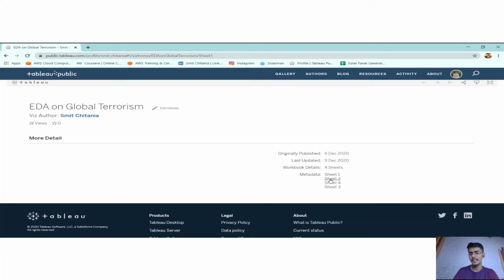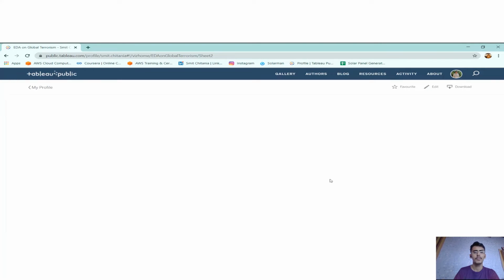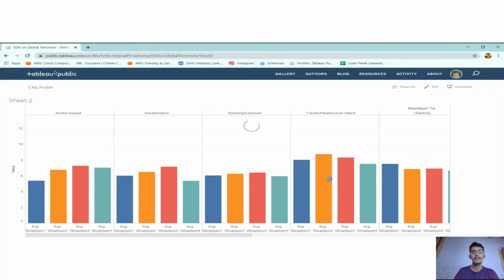In the second sheet you will see which weapons are mostly used when there is a terror attack, and of which type the attack is, such as a hijack, a bomb explosion, or monument damage. First is the armed assault attack.